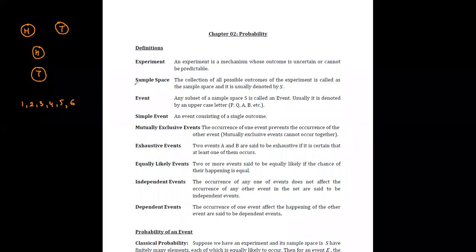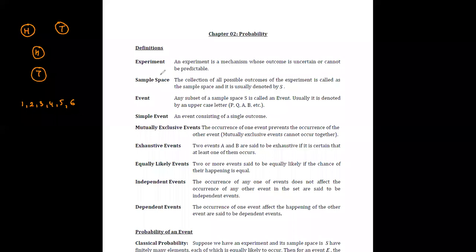Now we will move on to the next term generally used in probability: sample space. Sample space is all possible outcomes of the experiment. If you consider all the possible outcomes of a given experiment, then the set of outcomes is the sample space for that experiment.